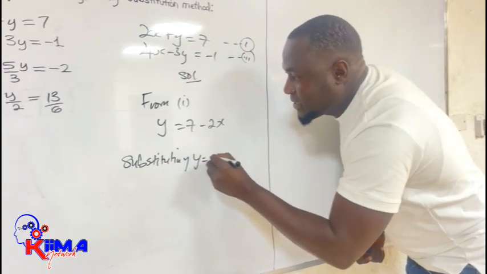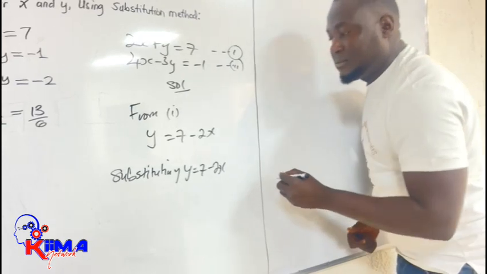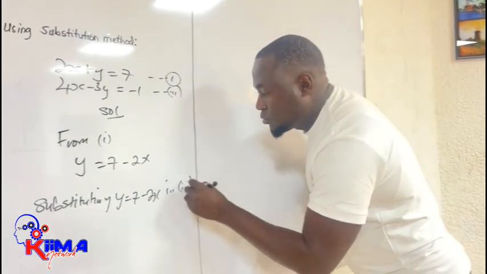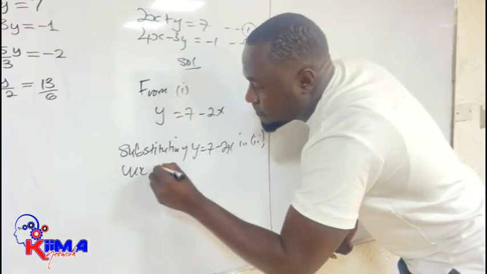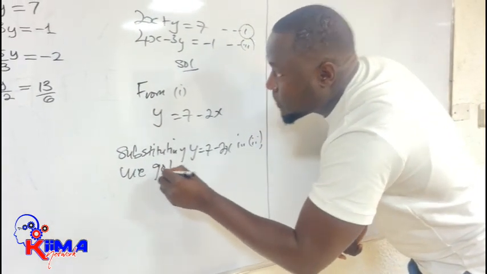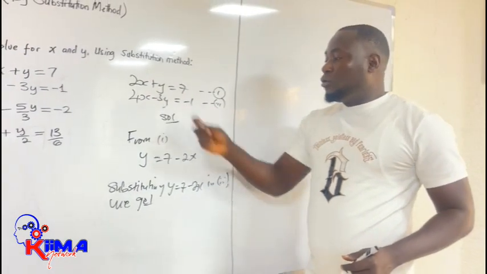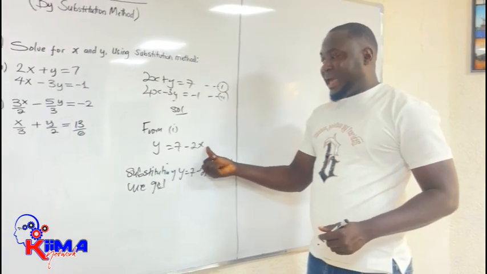So now we are going to substitute y is equal to 7 minus 2x in equation 2. Wherever you see y in equation 2, you put 7 minus 2x.